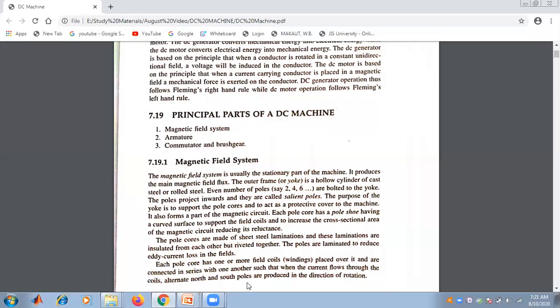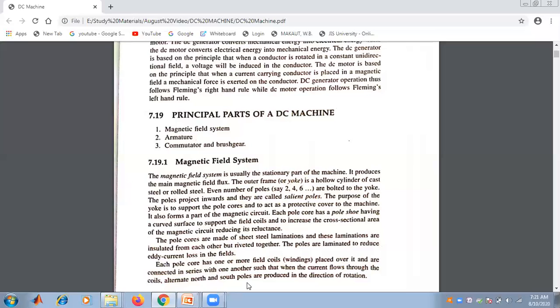An even number of poles, that is 2, 4, 6, are bolted to the yoke. The poles point inwards and are called salient poles. The purpose of the yoke is to support the poles and to act as a protective cover to the machine. It also forms a part of the magnetic circuit.